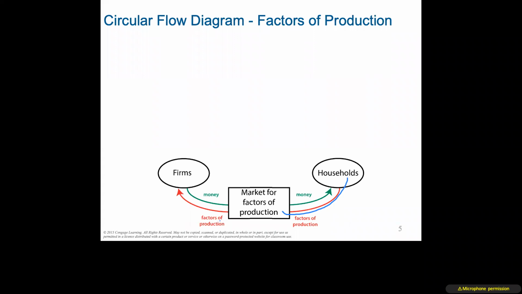Those in turn go out and become part of the firm's actual factors of production. The laborers who work in a factory, the lettuce that goes into your lettuce wrap. In turn, firms spend money. And that money goes to the households who own ultimately the factors of production.